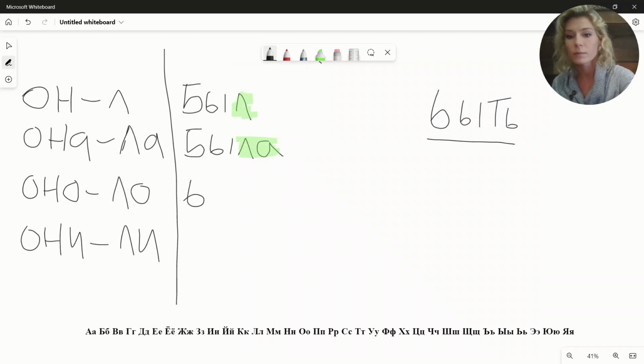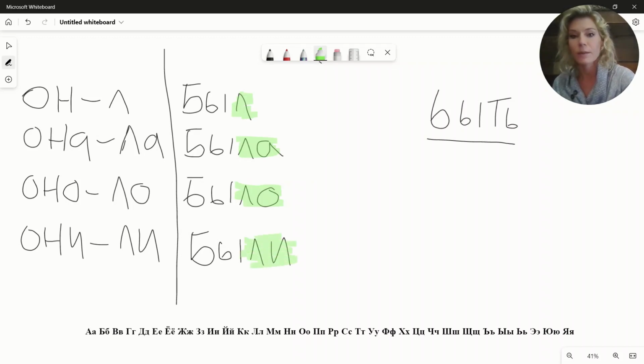Оно было. Ending in la again with the lo. Оно было. And then lastly, они, they, были. Они были. So the same endings as we have already learned. He was, she was, it, and they.